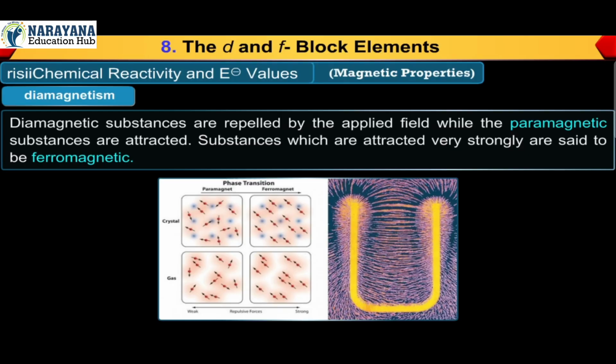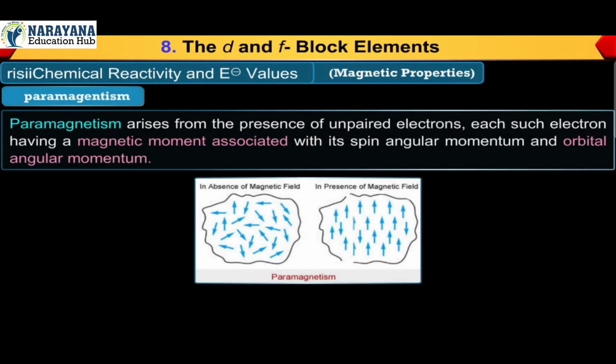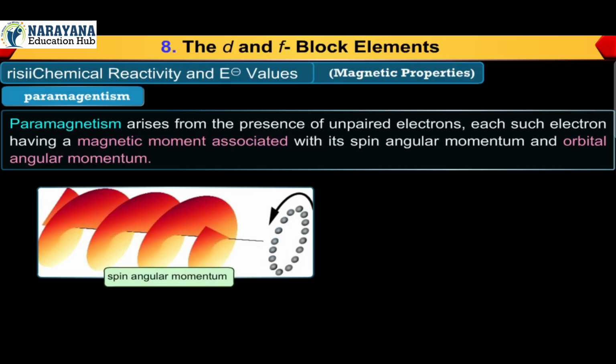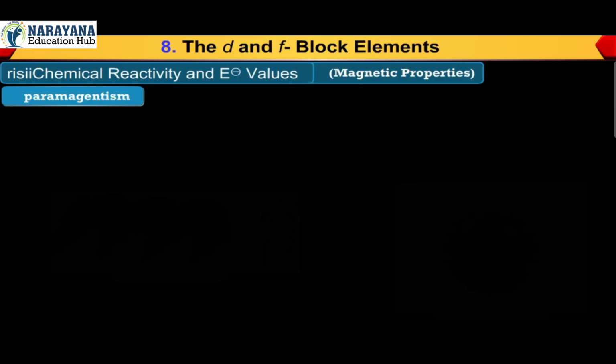In fact, ferromagnetism is an extreme form of paramagnetism. Many of the transition metal ions are paramagnetic. Paramagnetism arises from the presence of unpaired electrons, each such electron having a magnetic moment associated with its spin angular momentum and orbital angular momentum.